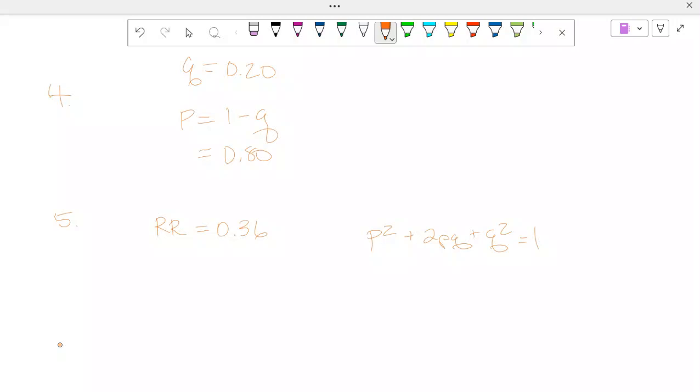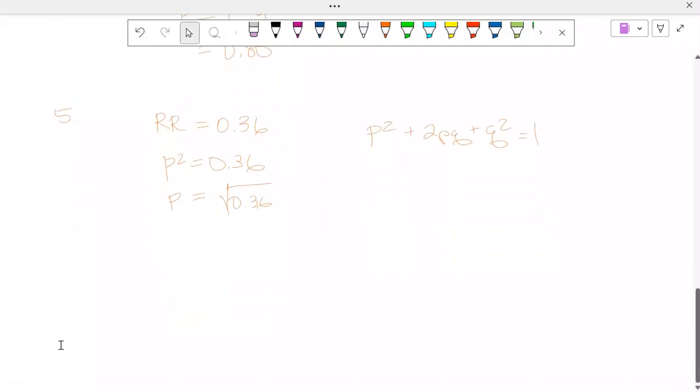And what they have given you is p squared. So in order for us to solve for p, we're simply going to take the square root of that 0.36, and that's going to give us a p-value of 0.6.